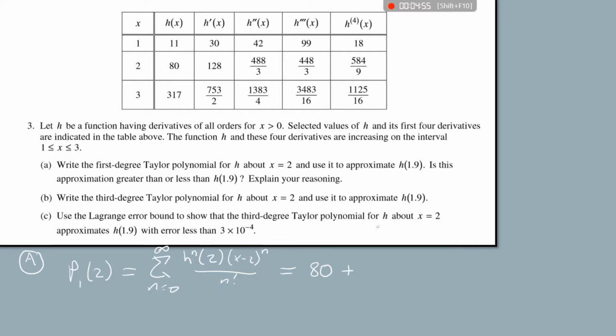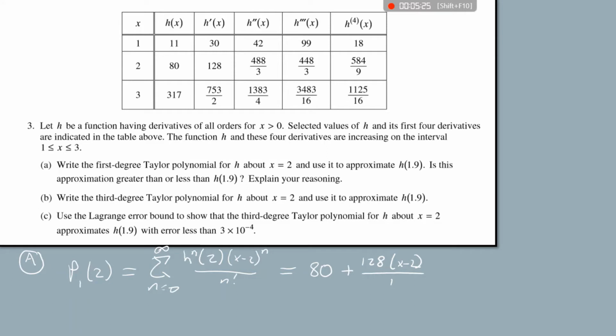Okay, plus 128 times x minus 2. x minus 2 to the first power this time instead of 0, over 1.